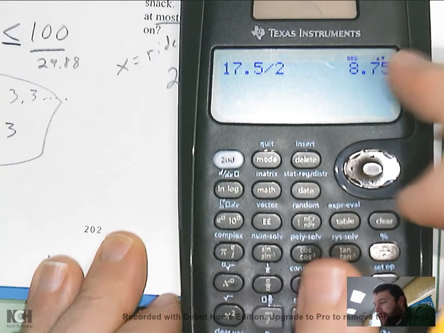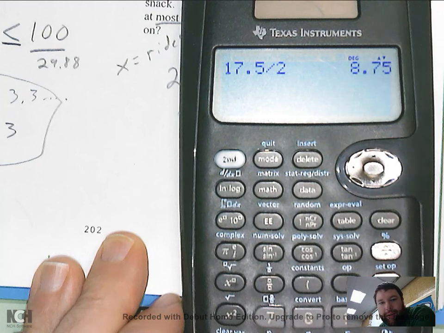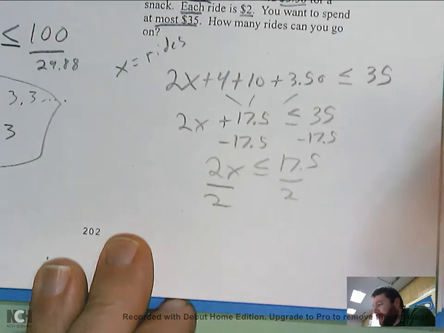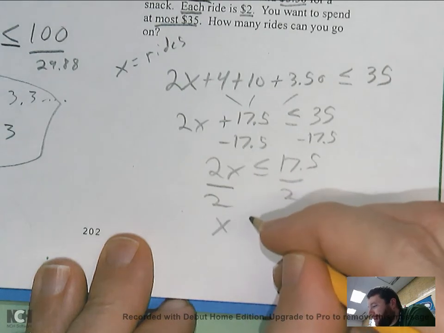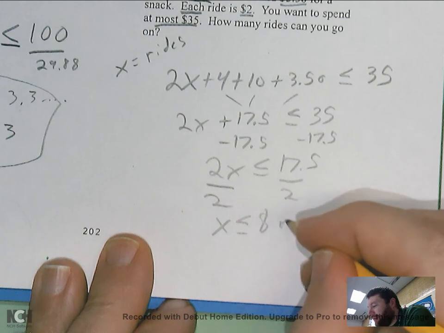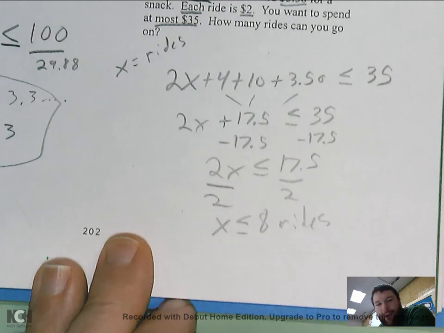Now, can you go on 0.75 of a ride? No, they usually don't let you go on three-fourths of a ride. So the more accurate answer here would be you'd want to go on 8 rides or less, right? That would be the more accurate answer.